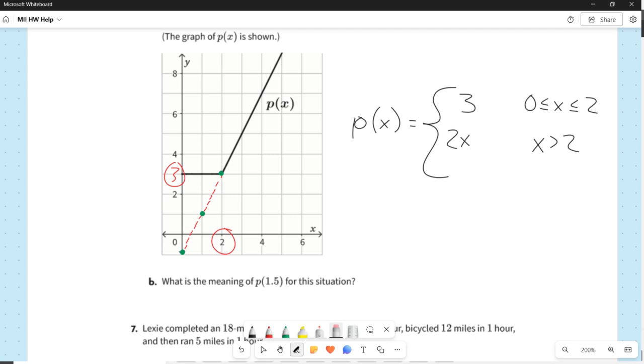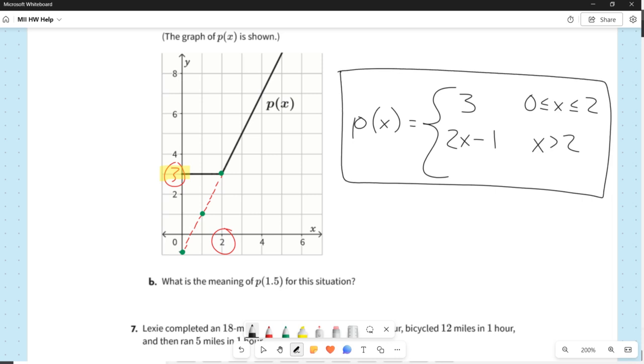But I don't want 4, I want 3. And so that's another reason why we subtract 1, just to make it work. We know what we want. We just have to come up with an equation that fits that. So there are a couple of different ways for you to get that -1. But anyway, here is our piecewise function.